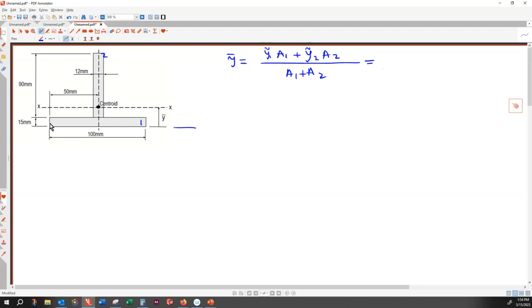For the first shape, with respect to that reference, that is 7.5. And the area is 15 times 100.